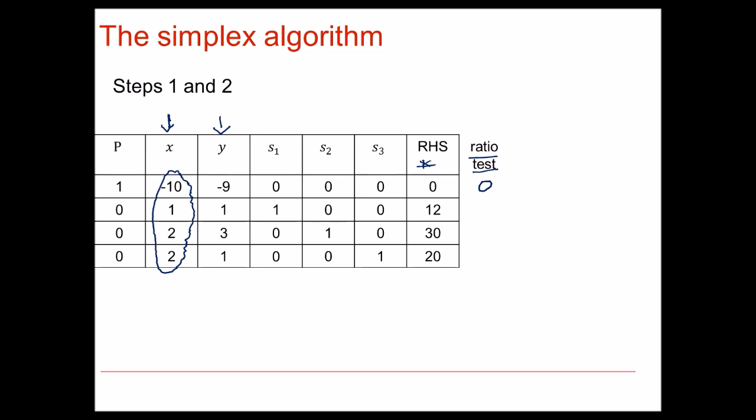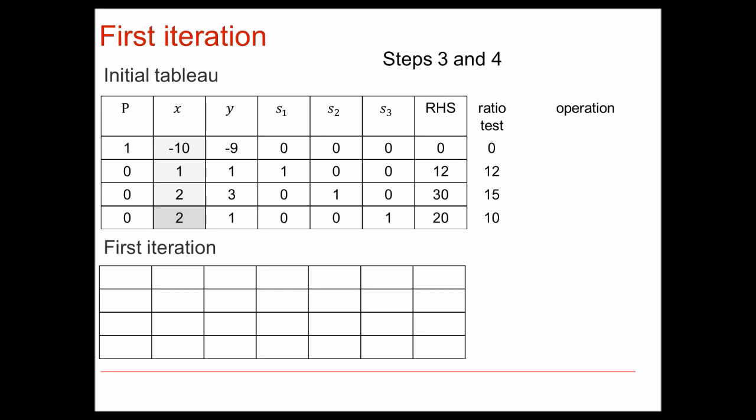And generally, the objective row ratio tests can often be negative and discounted, because we're looking for the smallest positive ratio test value. 12 divided by 1 would give us 12. 30 divided by 2, 15. And 20 divided by 2, 10. So this is the smallest positive ratio test, and thus this will be our pivot element.